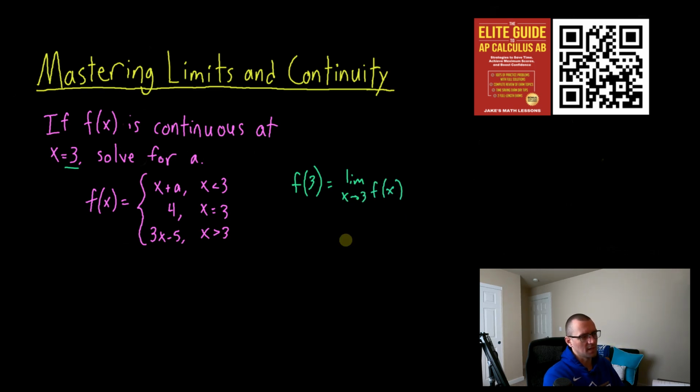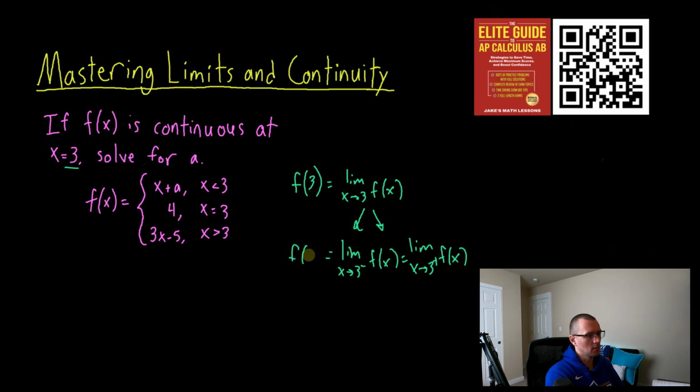Since we have a piecewise function, we have to break this limit down into the left and right-sided limits. We need both the left and right-sided limits to equal each other and also to equal f of 3.